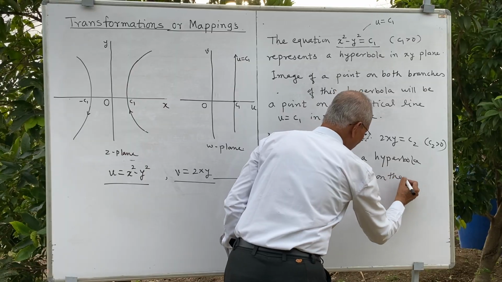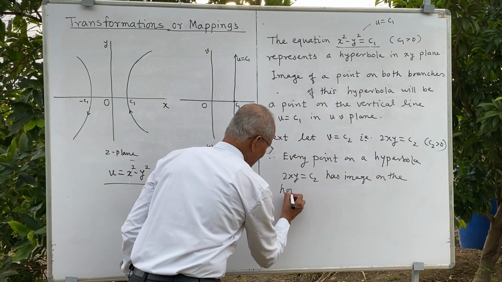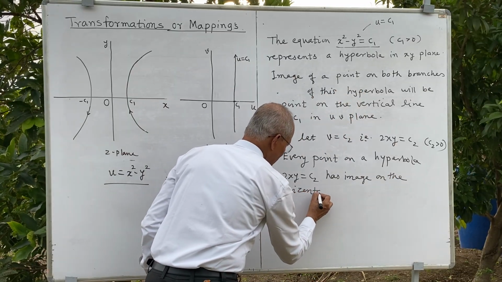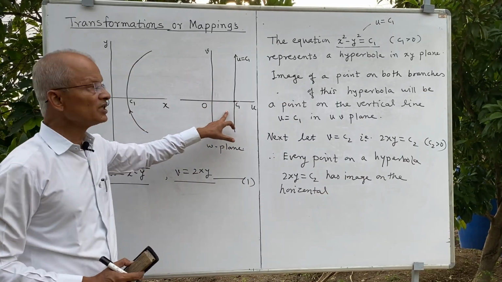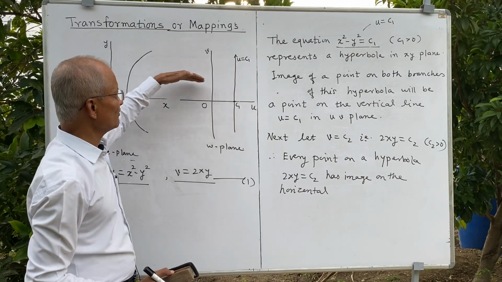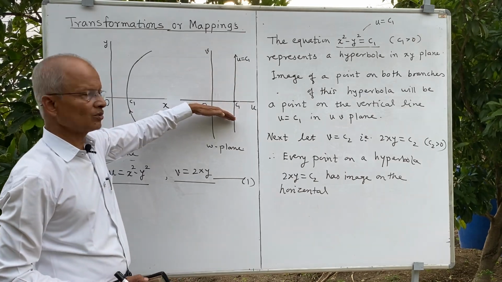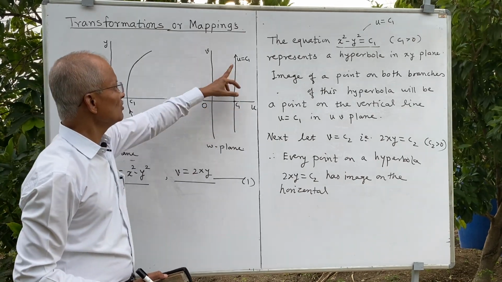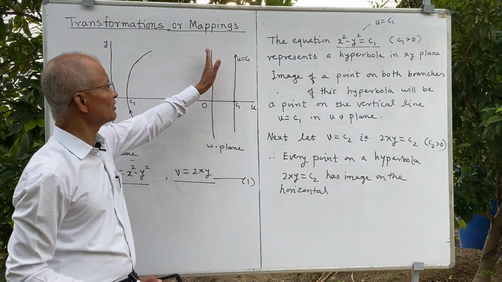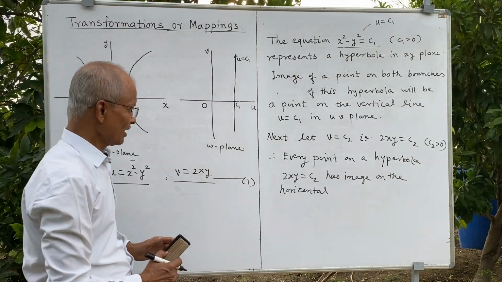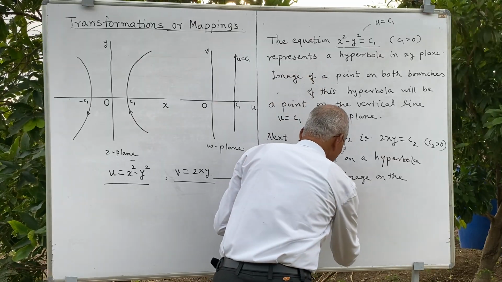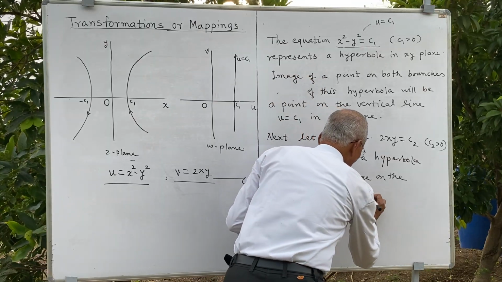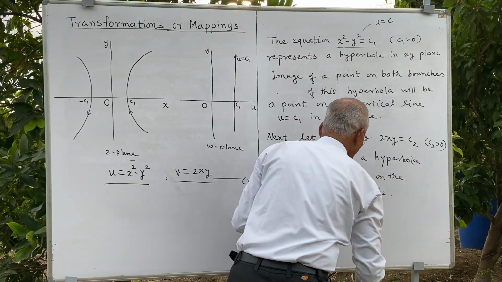on the horizontal line, because v is equal to c2 is a line which is parallel to the u axis, and u is equal to c1 is a line parallel to the v axis, that we know, has its image on the horizontal line v is equal to c2.